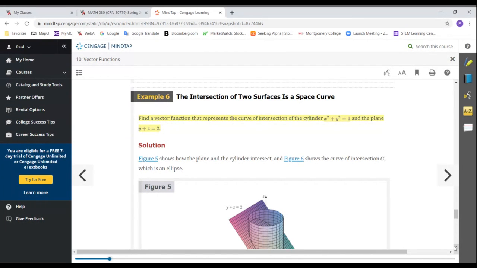So in the figure below, let me ask you this. The plane y plus z equals 2, is that a vertical or a horizontal plane?